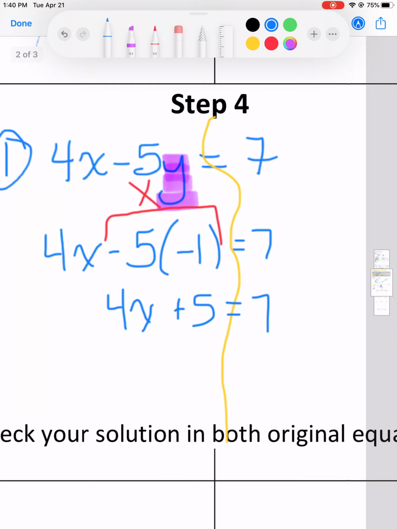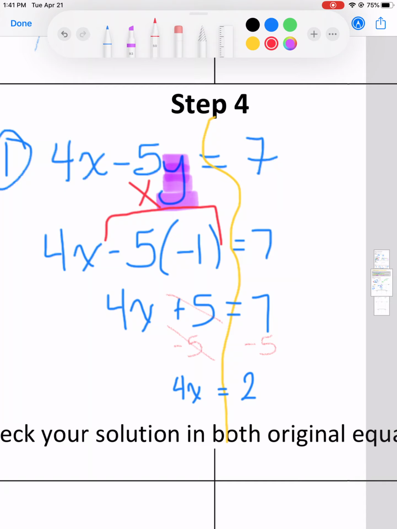Is x by itself? No. What can we do first? Get rid of the 5. Negative 5, negative 5. Cross those two out. What's 7 minus 5? 7 minus 5 is 2. Is x by itself?